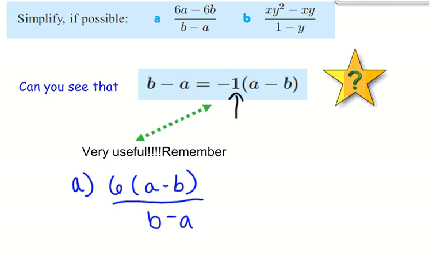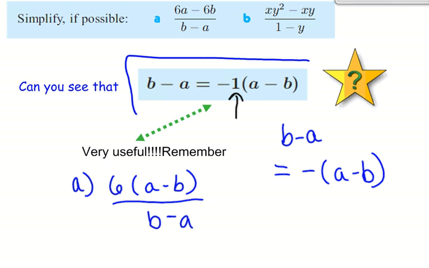Notice that if we have b minus a, and we want this b minus a to mimic a minus b, that's actually going to be equal to a negative a minus b. That's what this is telling you here.